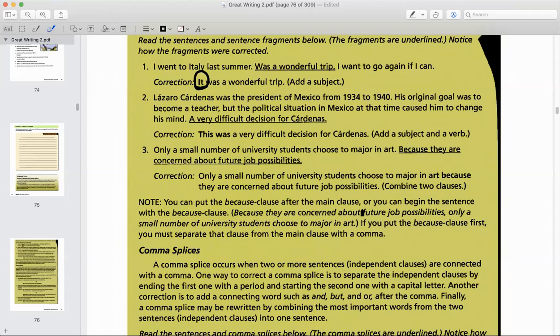Because they are concerned about future job possibilities, comma, only a small number of university students choose to major in art. But if you do that, if you put that because clause first, remember you need the comma to separate it. So I'll highlight that comma there.